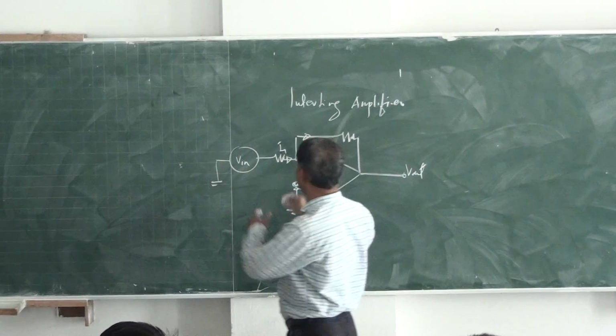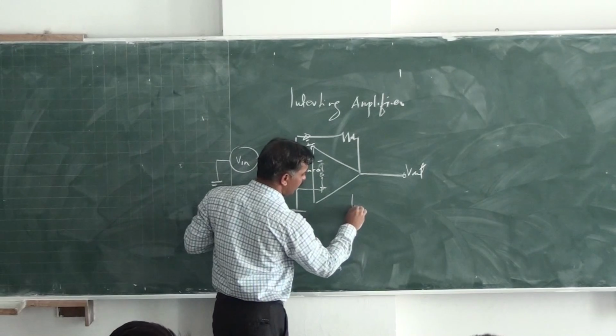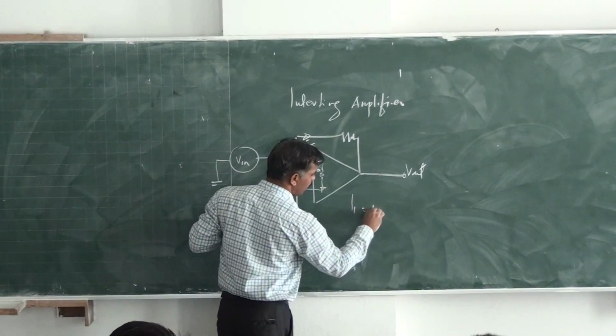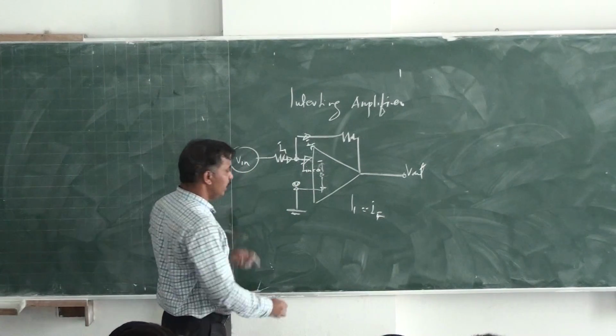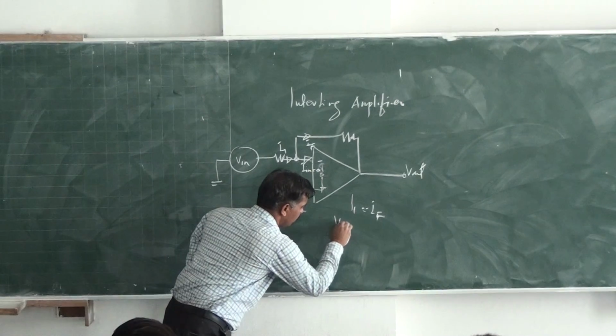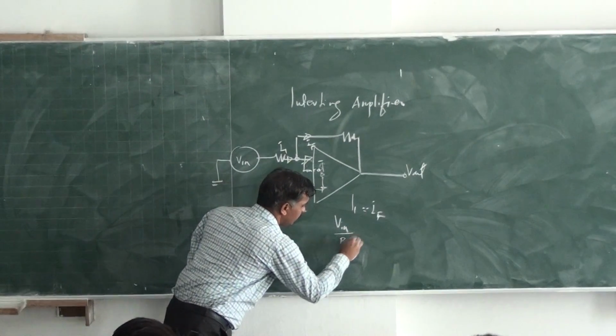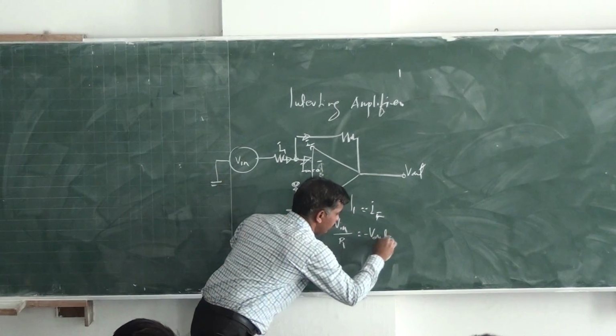So now, if you apply KCL at this point, I1 is equal to minus I0. Then I1 is equal to Vin divided by R1, which is equal to minus Vout divided by RL.